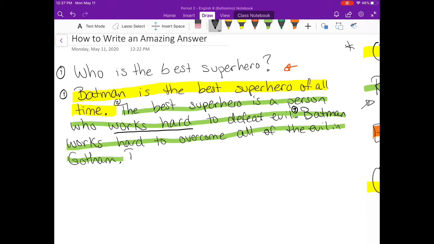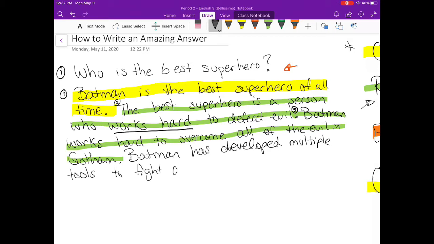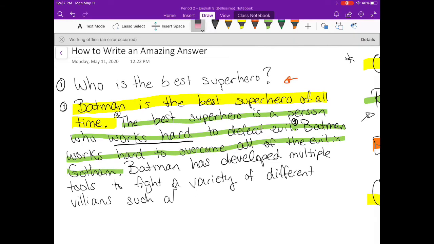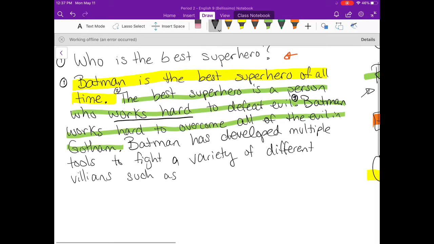So what's an example of a time that Batman has worked hard? So I could say Batman has developed multiple tools to fight a variety of different villains, such as, who are some of his villains?